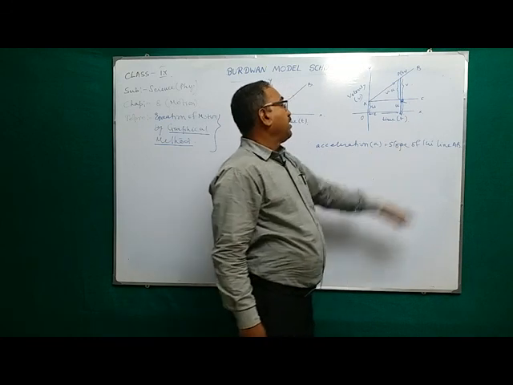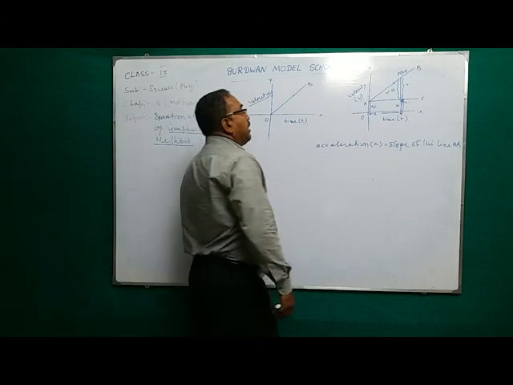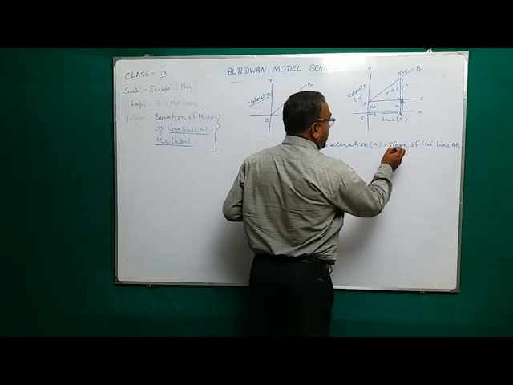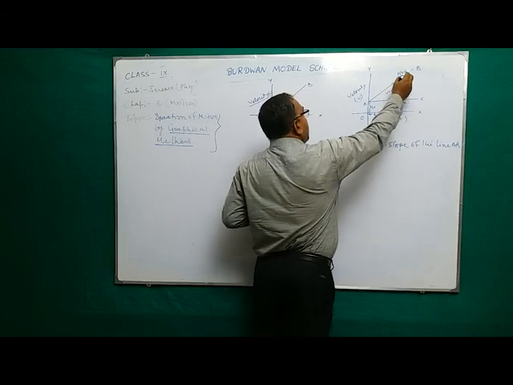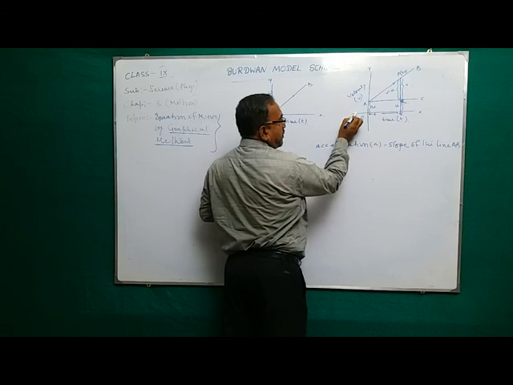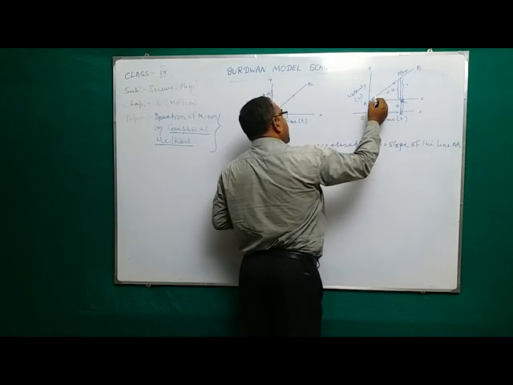What is the meaning of the slope of the line? When you are in class 10 or 11, then you know it. Slope means this line makes an angle with the positive x-axis, that means anti-clockwise from the x-axis.